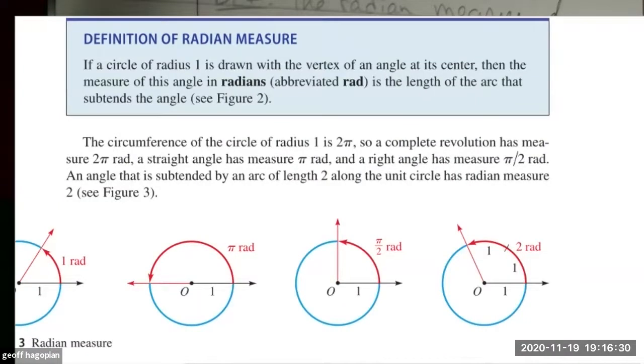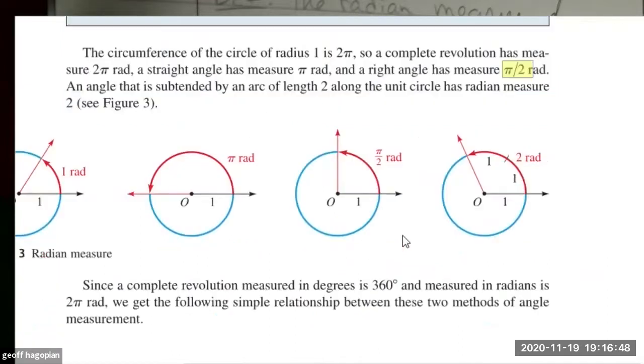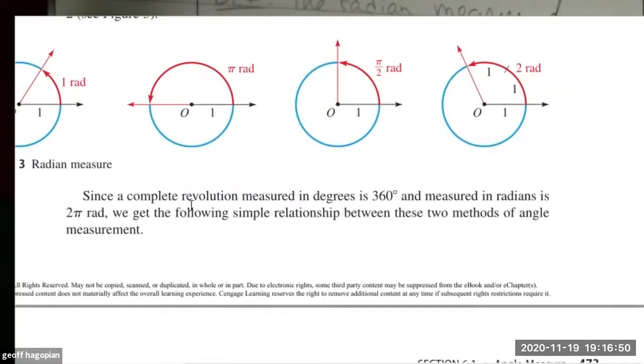They say the circumference of the circle of radius 1 is 2 pi, so a complete revolution has measure 2 pi radians. A straight angle is measured as half of that, is pi radians, and a right angle has radian measure pi over 2. An angle that is subtended by an arc of length 2 along the circle is measured 2. Okay, since we complete a revolution measured in degrees, 360 degrees measured in radians is 2 pi.